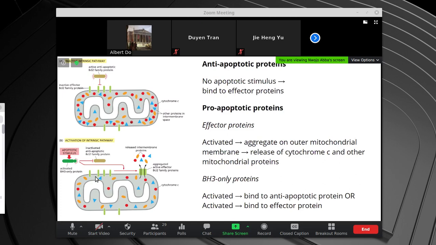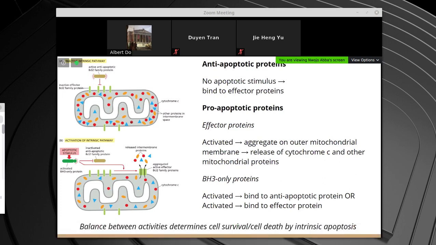Also activated by the presence of apoptotic stimulus are BH3-only proteins. They promote apoptosis by either binding to anti-apoptotic proteins or binding to effector proteins. A key takeaway is that the balance between these activities determines the occurrence of cell death by the intrinsic pathway of apoptosis.